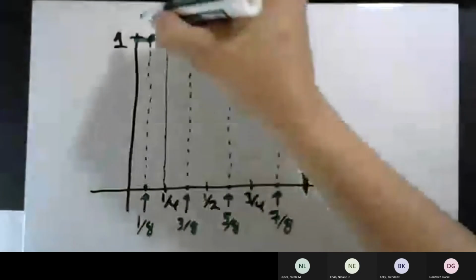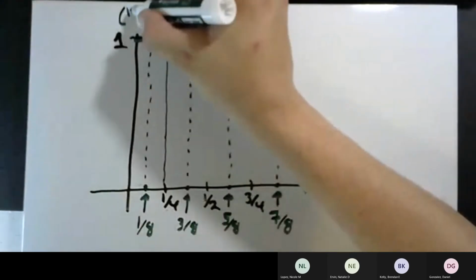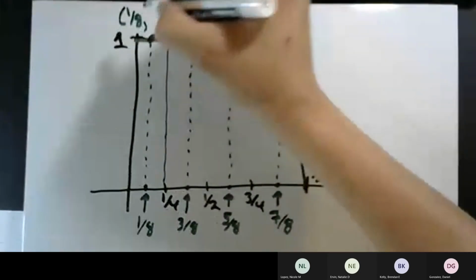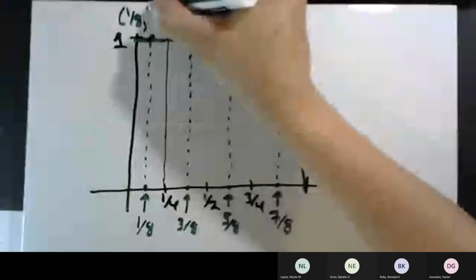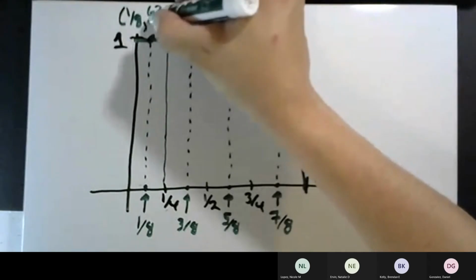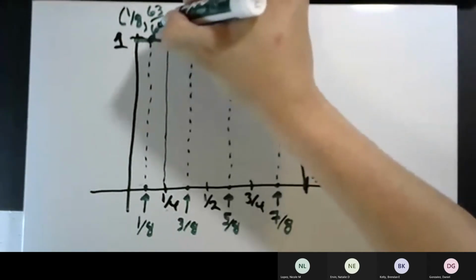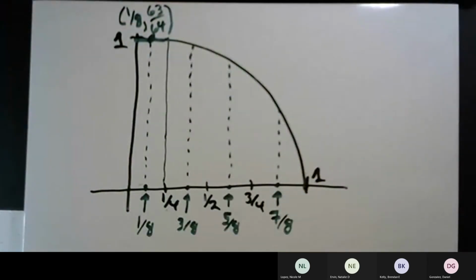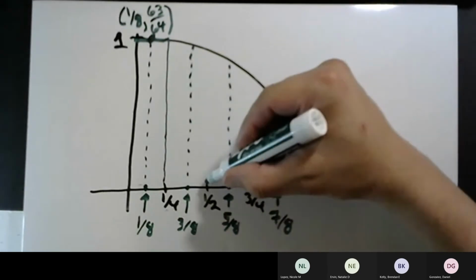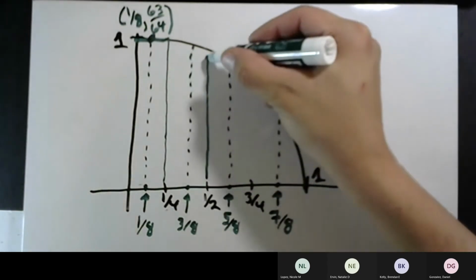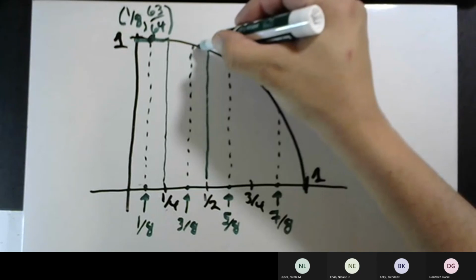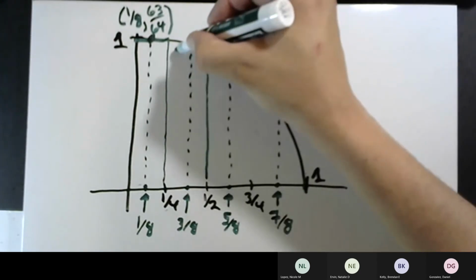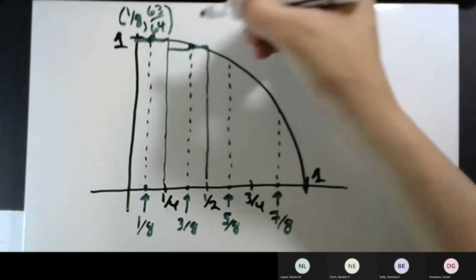So here we'll get 1/8 and 63 over 64. For this one, so we kind of overshoot a little bit, we undershoot also.